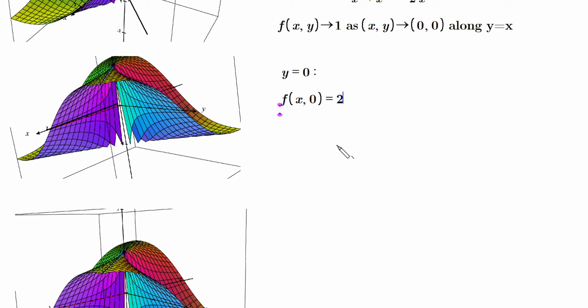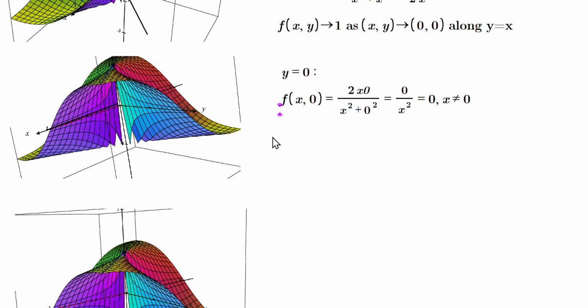You're going to have 2x times 0, over x squared plus 0 squared. And then you work through that, so in the numerator there it's 0, and the denominator is just going to be x squared, so the result is of course just 0. Again, assuming of course x is not equal to 0 because it's a different story.